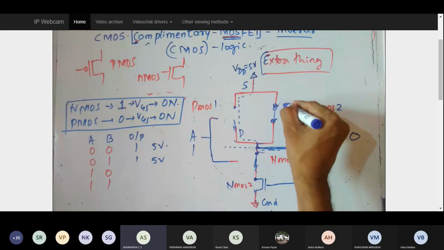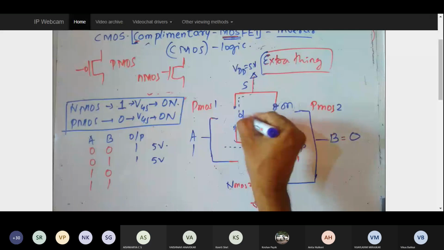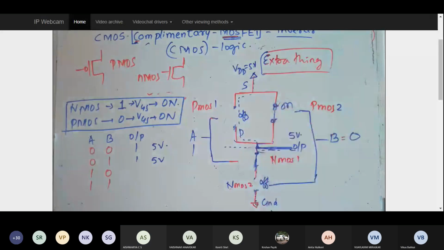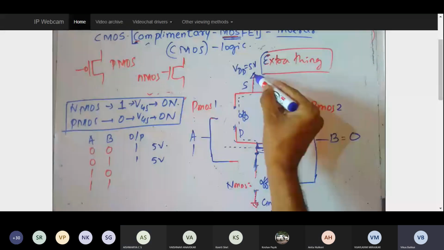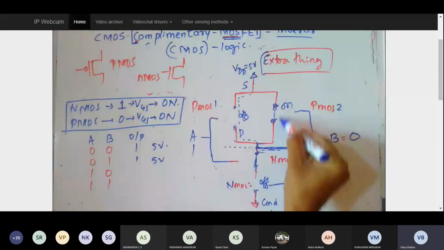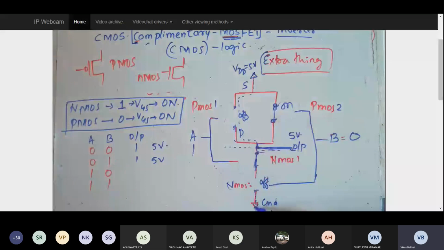Off. Now tell me what will be the output? 5 volt. From PMOS 2 I can get the output. ಇಲ್ಲಿಂದ ಬರಲ್ಲ, fine, but ಇಲ್ಲಿಂದ ಬರ್ತದೆ. And from ground also I am not going to get any output because NMOS 1 on ಆಯ್ತು, but NMOS 2 off ಆಯ್ತು. So again I am getting output as 5 volt, which means logic 1.